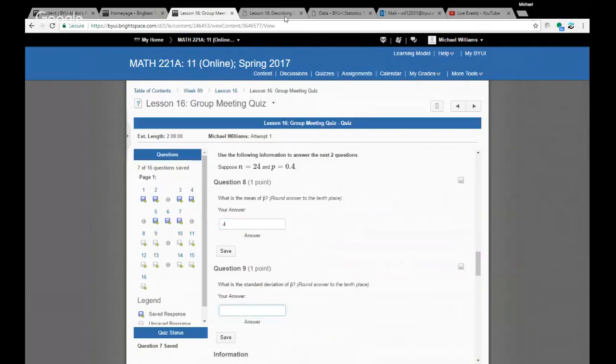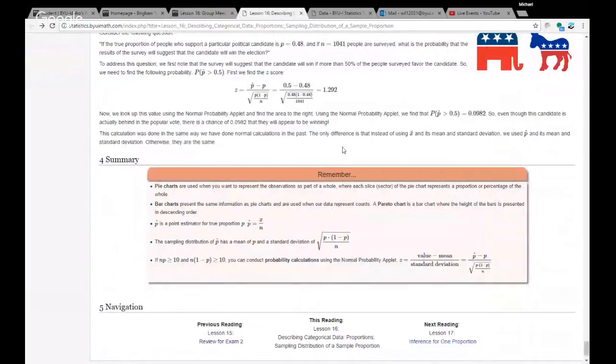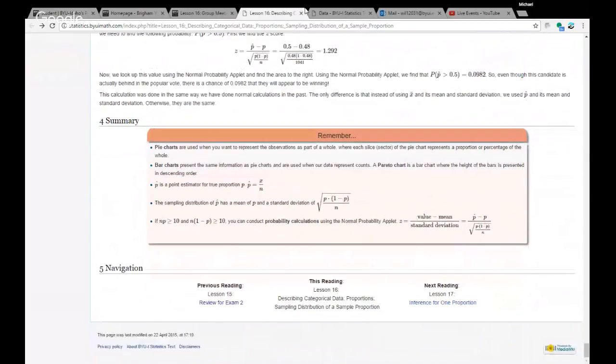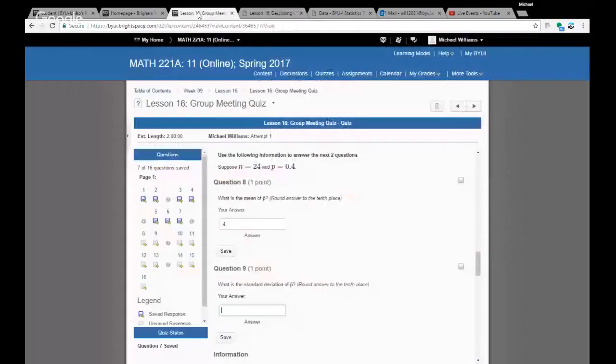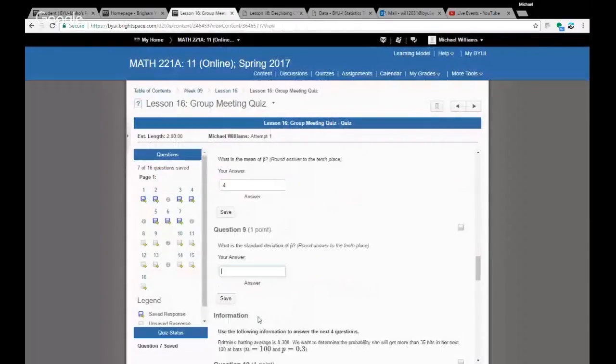The standard deviation of p hat equals the square root of p times 1 minus p divided by n. So p is 0.4.